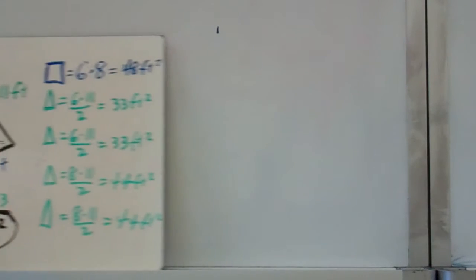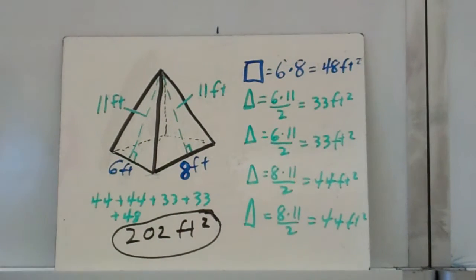Sometimes our bases that are rectangles are not perfect squares. Sometimes they're actually rectangles. So in this case, I've got one base length of 8 and then a width of 6 with a slant height on either side of 11.